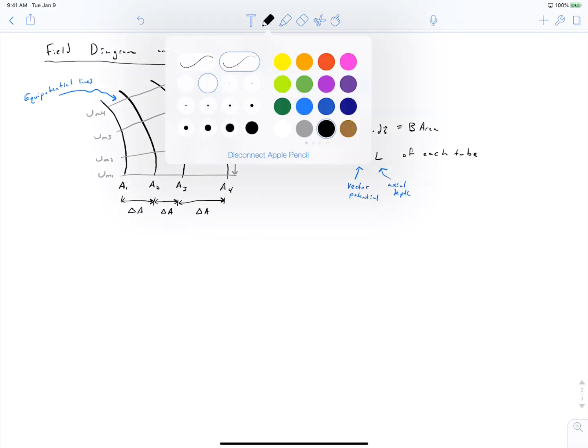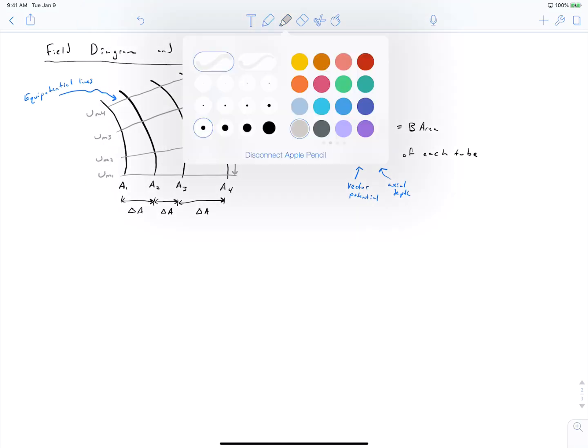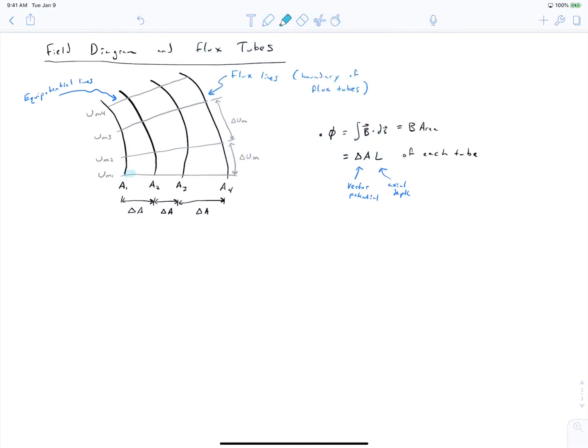And we're set up to do this very conveniently. The way we've drawn this right now, each of these flux tubes has the same delta A difference. So effectively, we can quickly evaluate the flux in this channel as just being that delta A times our depth into the page. And we can use this for a practical calculation.